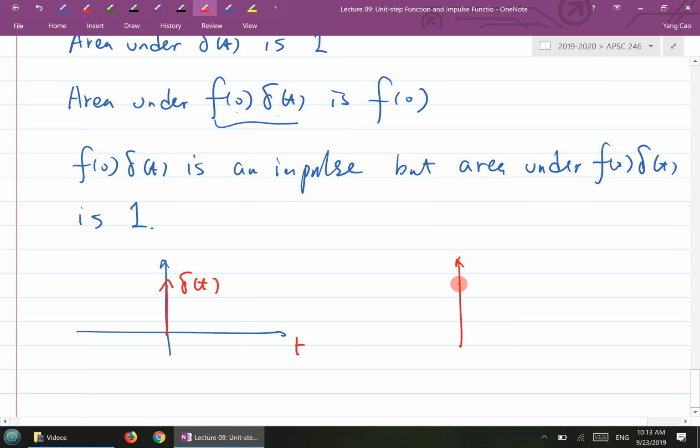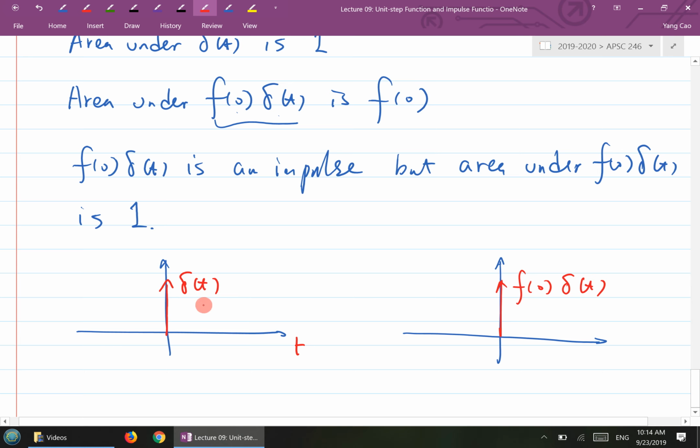And how would I draw f of 0 delta t then? Now, unfortunately, you still have to draw this impulse here, right? But you can label this one as f of 0 delta t.